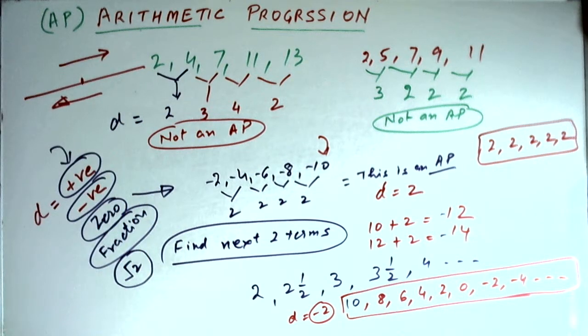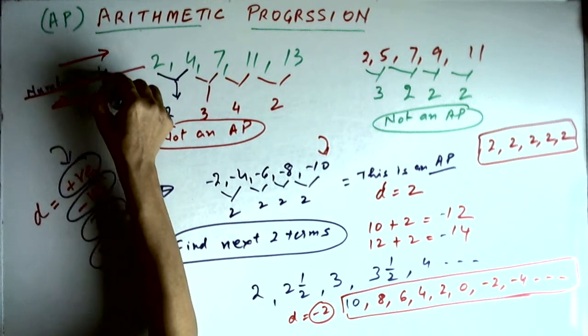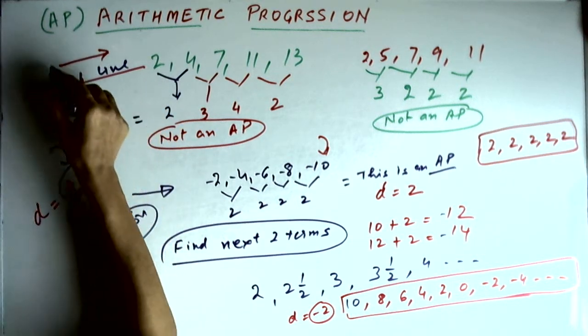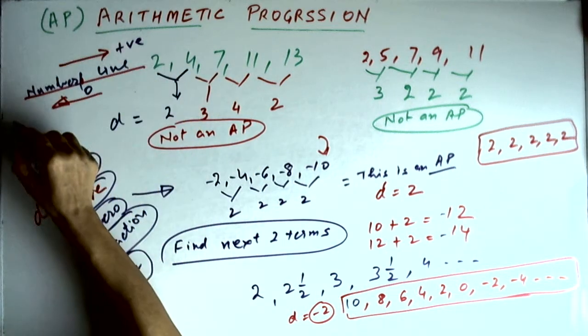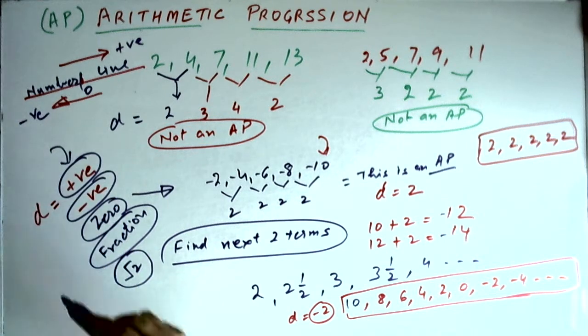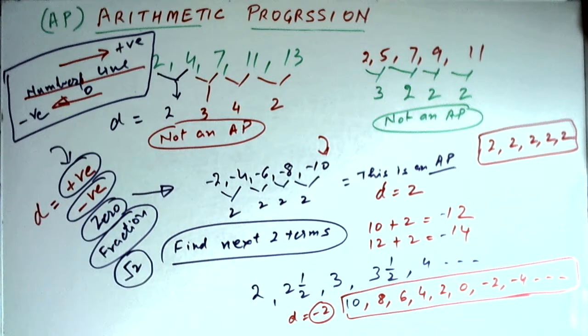Both possibilities are valid. So that way we can recognize, and there are many questions which may ask you to check whether the given set of numbers is an arithmetic progression or not.